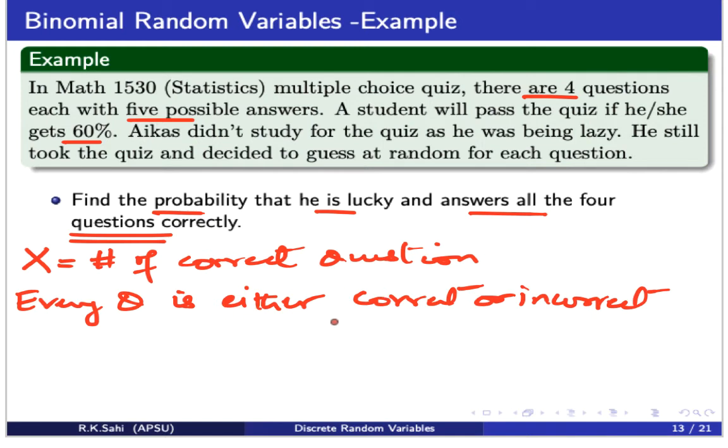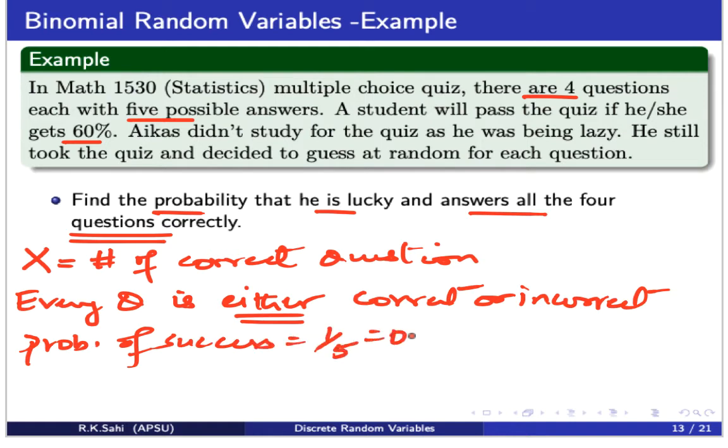That is the biggest clue. And the first sentence also asks about the probability of correctness. That means out of the 5 options, only 1 is the correct scenario. So the probability of success is 1 out of 5, which is 0.2.